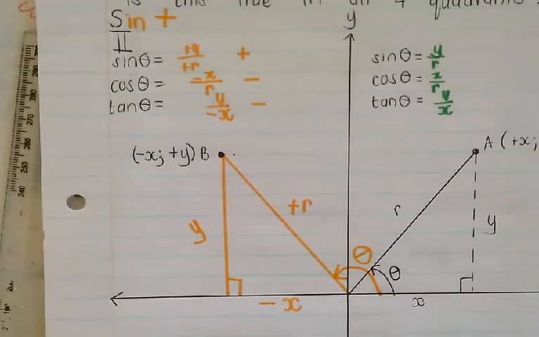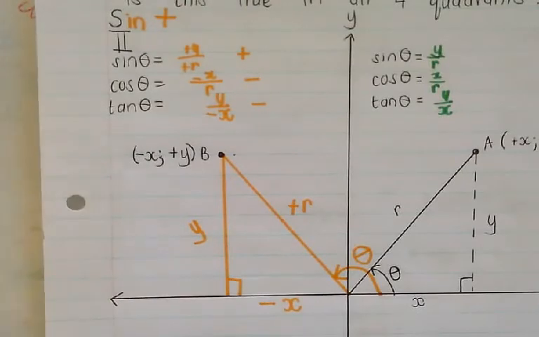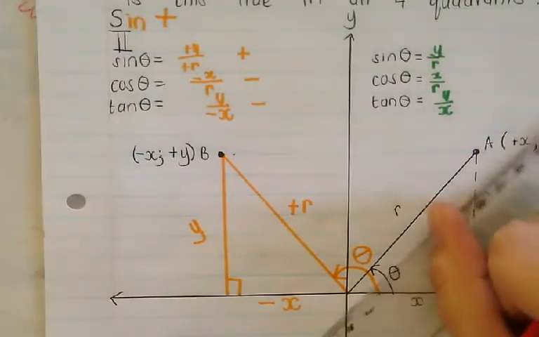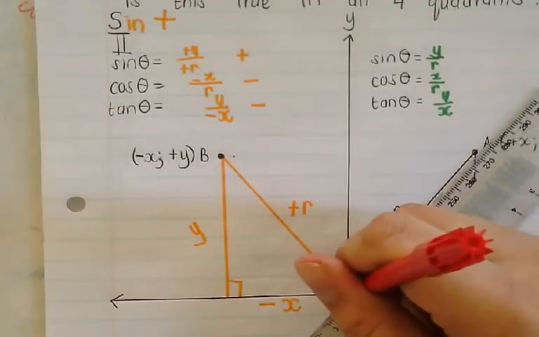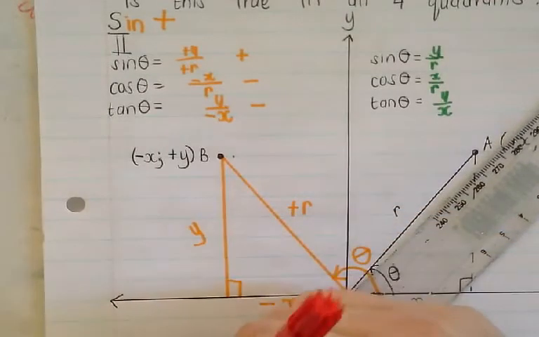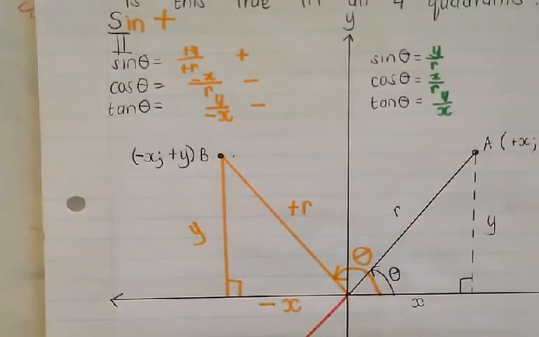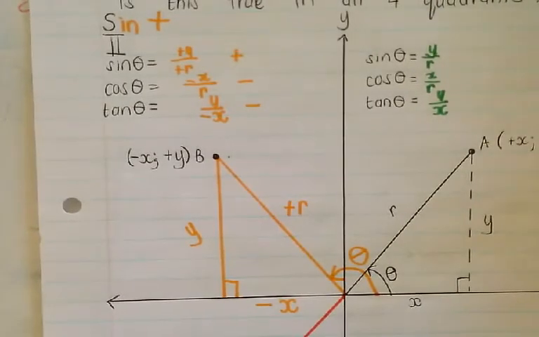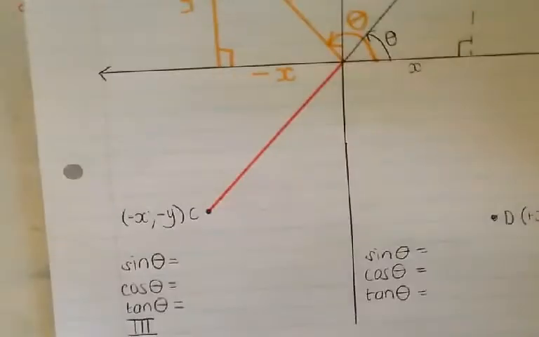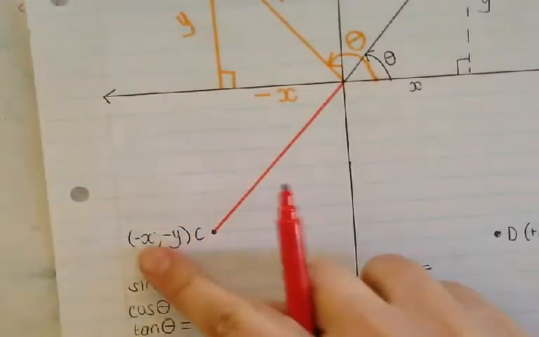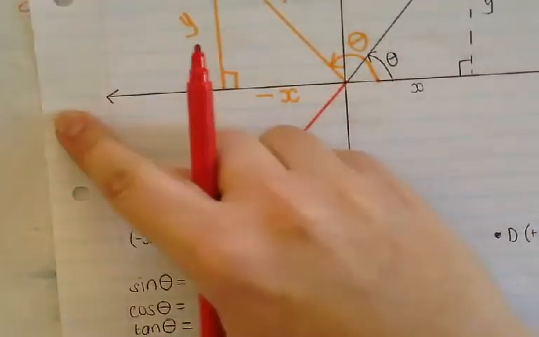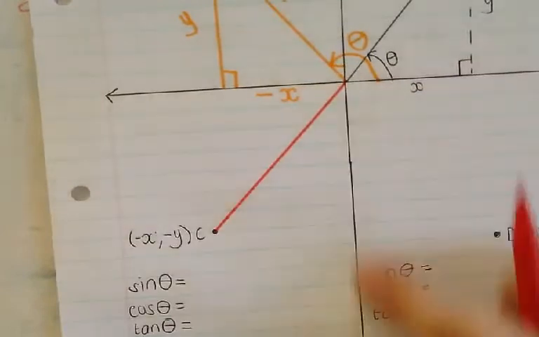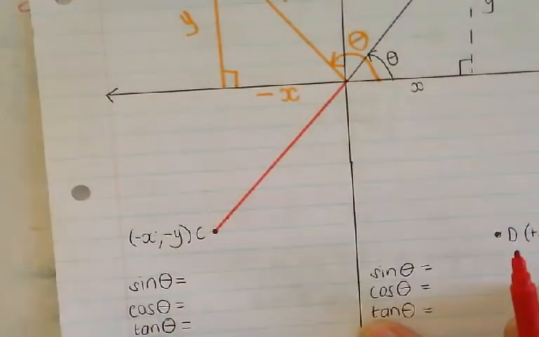We repeat the process in my third quadrant. Connecting my origin to my arbitrary point. My arbitrary point has a negative x and a negative y. Anyone still busy with quadrant 2? Moving to quadrant 3. So I have a negative x because it's on the negative x side, but I also have a negative y because it's on the negative y side.